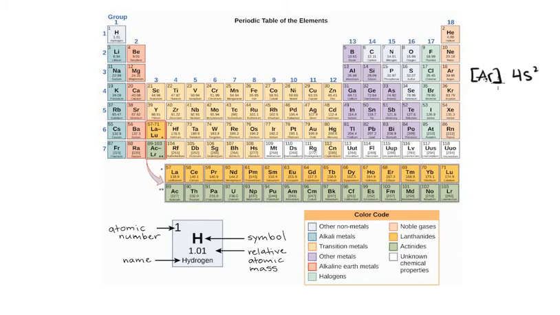This is a placeholder for all this: 1s2, 2s2, 2p6, 3s2, 3p6. So instead of saying all that, I'm going to use this as a placeholder. This works for all the noble gas configurations and can be used for pretty much all the elements.